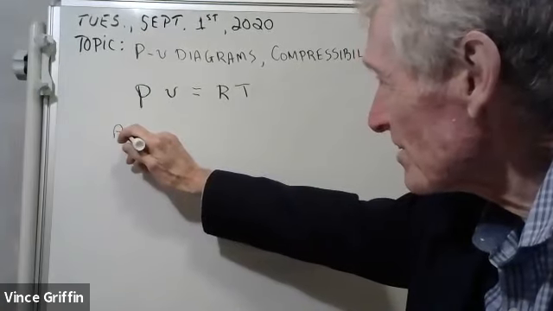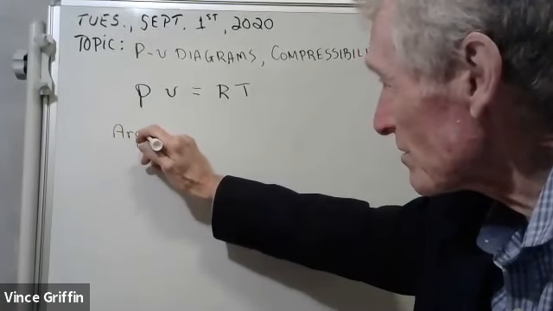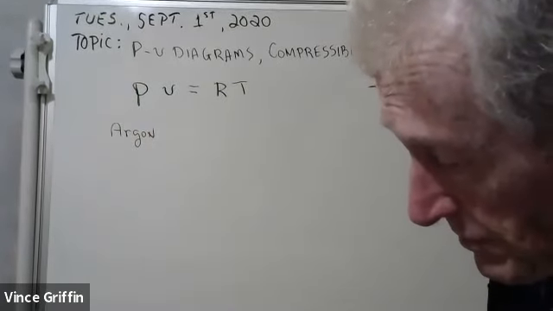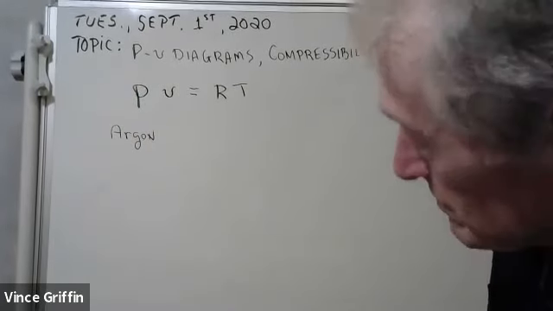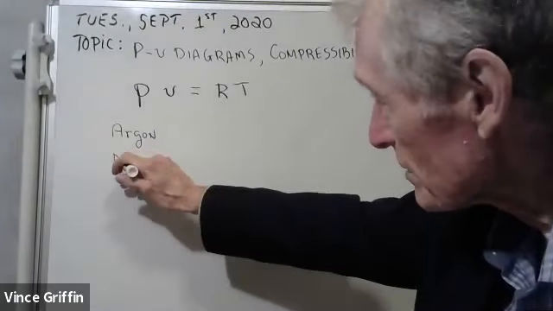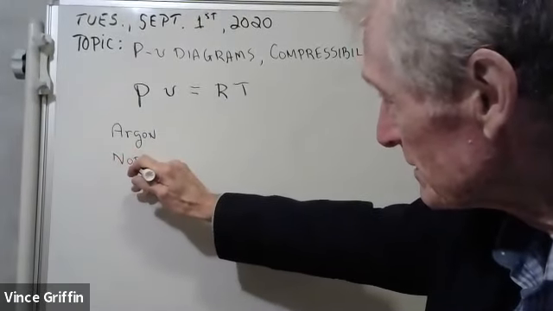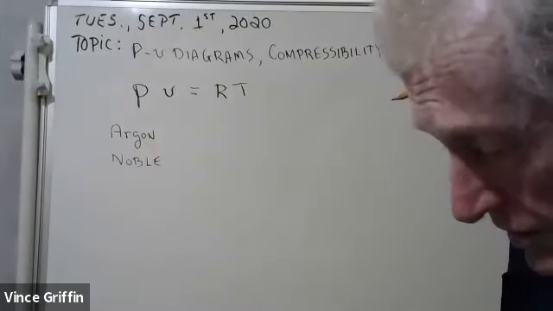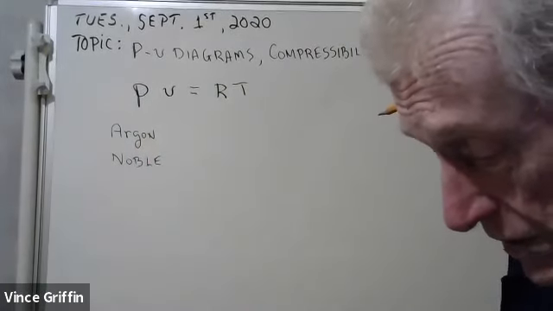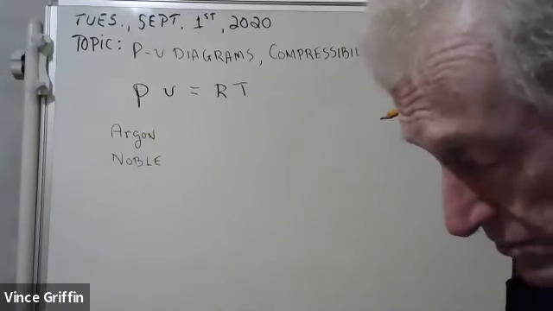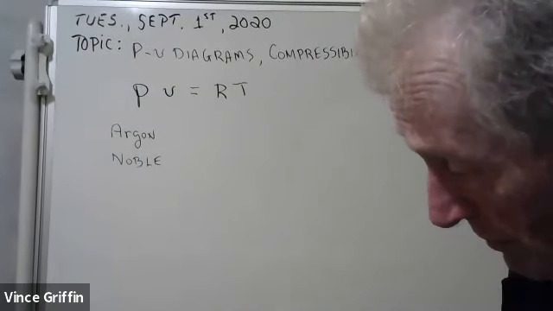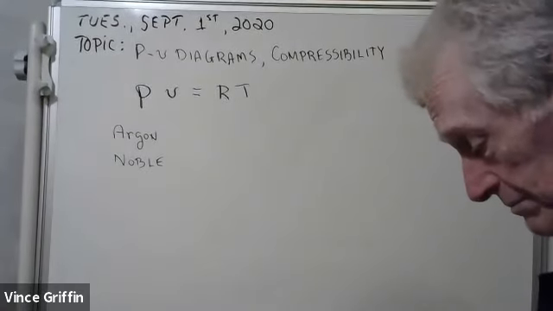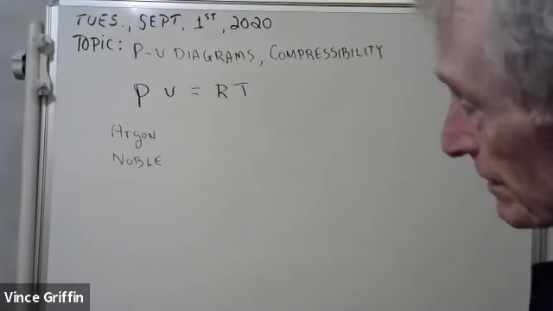Now, argon is an ideal gas. It really works great. It's one of the noble gases. I'm sure you've heard of the noble gases. Argon, neon, krypton, xenon. Sounds like I'm missing one. I think there's 5 of them.